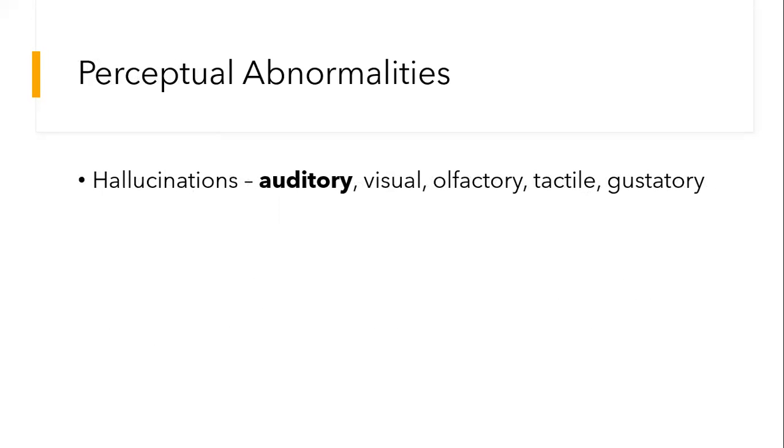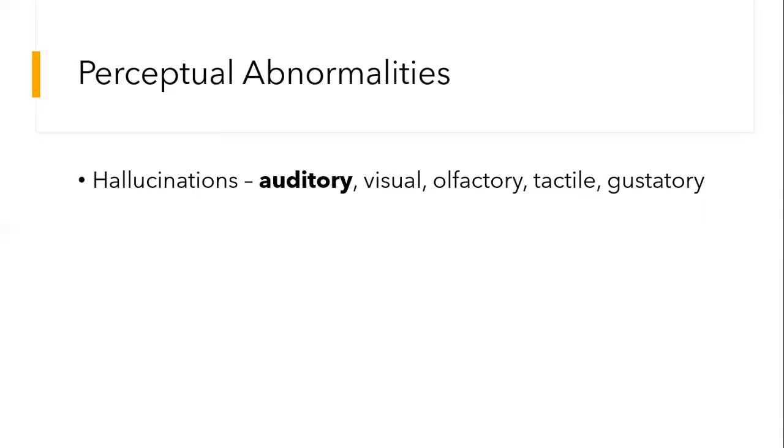Perceptual abnormalities. This section is mostly about assessing hallucinations. Hallucinations are auditory, which I've highlighted because that's the most common type described. But of course, hallucinations can occur in any of your sensory modalities. The next common one would be a visual hallucination, so seeing visions.